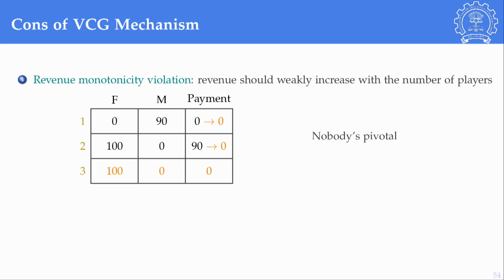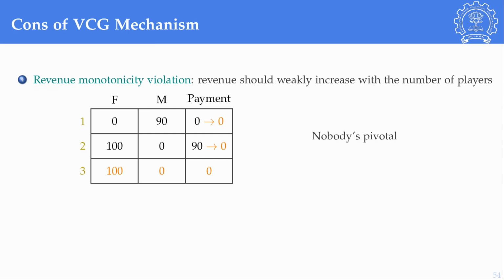If you remove that agent, you get m, which is the first term, and if you include that agent, then the other agent gets 0. So, 90 minus 0, this guy will pay 90, and this is not a pivotal agent. So, the things in black is the original setup. We had only 2 players. When the third agent enters, it also has a high value for this outcome f.